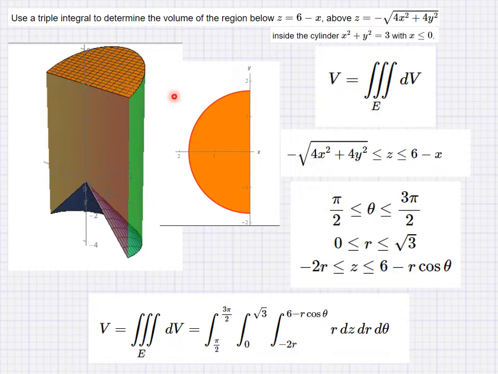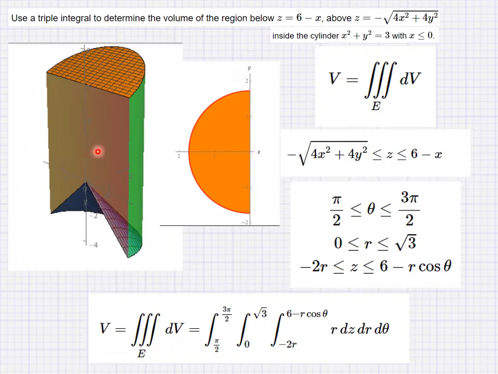If you look at it just in terms of the x and y's, it's this circle of radius root 3, but since x is less than or equal to 0, it's only this half of the circle. So that half of the circle is in the xy plane. That's why this is just half a cylinder here. So you put all that together, this is the figure that you get.